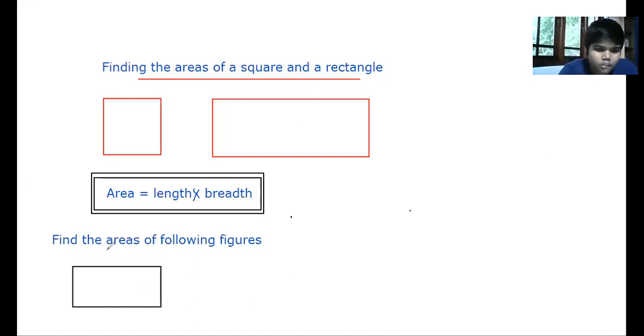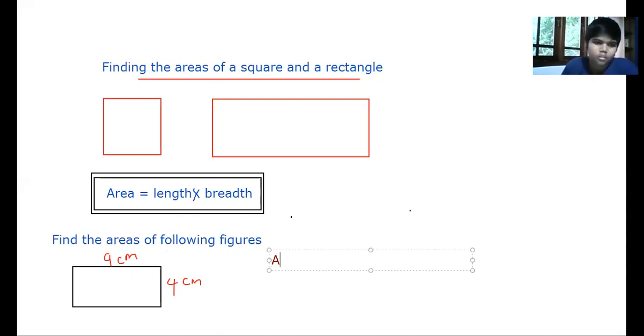Think the length is 9 centimeters, breadth is 4 centimeters. Okay, then we have to find the area of this plane figure. Right, carefully look at how we find it. First, you have to write the formula. If you want to find the area of the plane figure, first you have to write the formula.